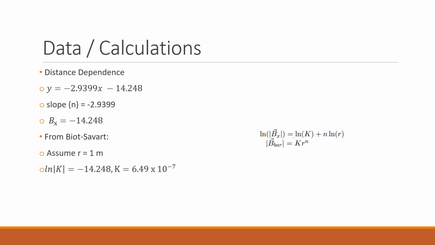Recalling the Biot-Savart equation, which has been linearized to the form ln of B sub x equals ln k plus n ln of r, you can solve for k, assuming that r equals 1 meter. By rearranging that equation and isolating ln of k, you can take e to both sides and you get a value of 6.49 times 10 to the negative 7 for k using my values.